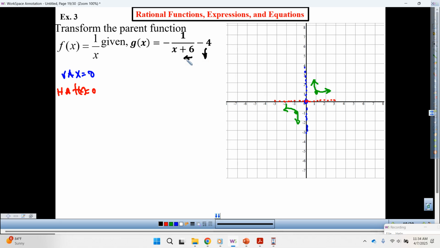Okay, 6 to the left and 4 down. So I'm going to take where both intersect here, 6 to the left, 4 down. So now my asymptotes are here and here. Have you got that so far?